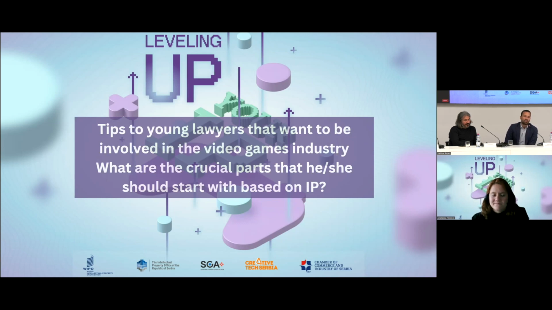Either you have a team, but you need a basic understanding of these related law areas, just to identify where the issues are. You can engage another specialist, but you can't be that specialized. The tip to a young lawyer would be: follow your passion, be a gaming lawyer. It's an excellent prospect, but go a bit further to gain wider experience and read everything you can get a grasp on.